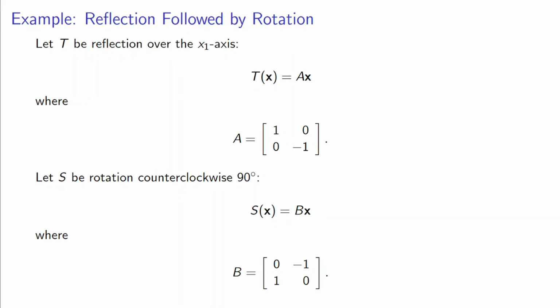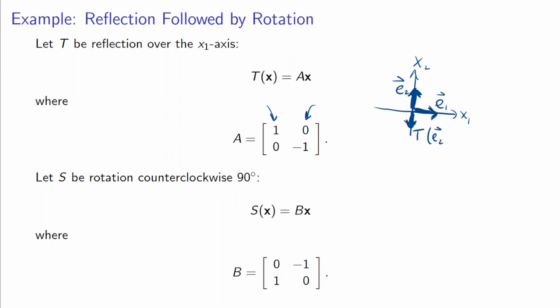Just as a little refresher, where do these come from? If we're thinking of reflecting over the x1 axis, then we want to know where E1 and E2 get transformed. E1 doesn't move, so it just stays at (1, 0). E2 is going to reflect over the x1 axis and go down to (0, -1).